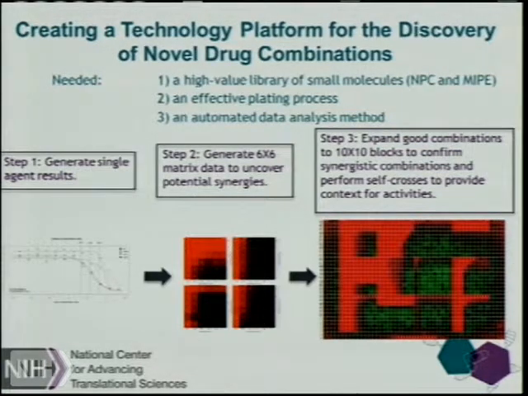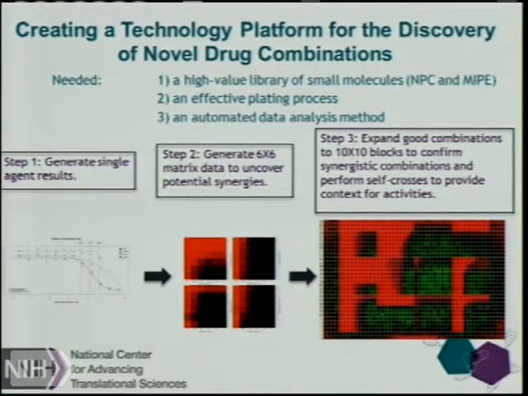The other aspect to it is to find a way to plate these drug-drug combinations, to deliver these combinations in a high-throughput manner. And of course, last but not least, how do you analyze the data? You need a platform to make sense of all this data.